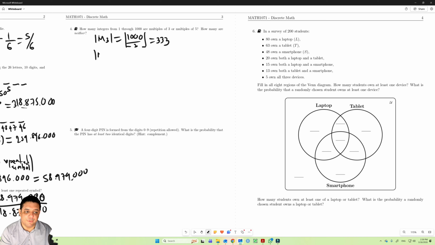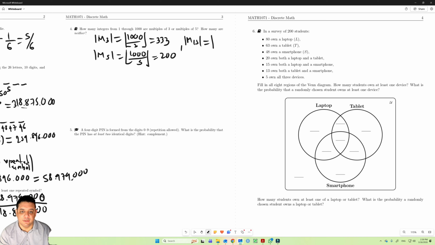And multiples of 5 is once again the floor of 1,000 divided by 5, which is going to be 200. So nothing special there. It says how many integers are multiples of 3 or multiples of 5. If it's a multiple of both at the same time, that will be the multiples of 15.